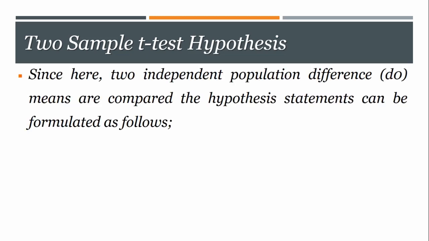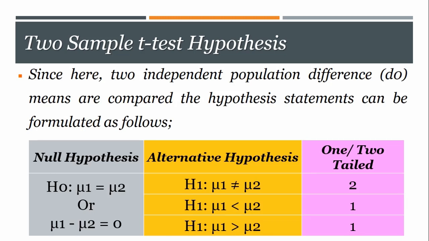Before we actually go and perform the independent sample t-test, let us see how to formulate the null hypothesis and alternative hypothesis for the unpaired sample t-test. Since here we will be comparing two independent population mean differences, the hypothesis statements can be formulated as follows.